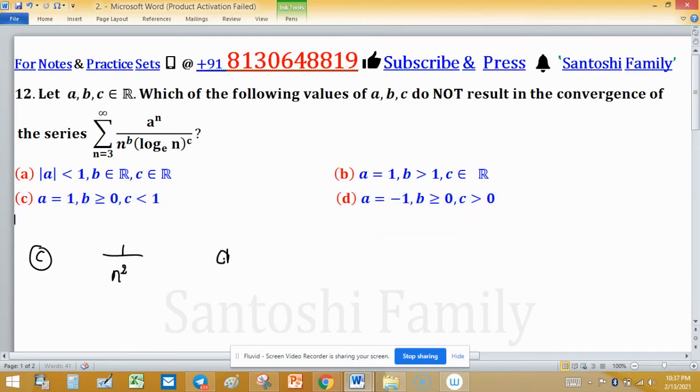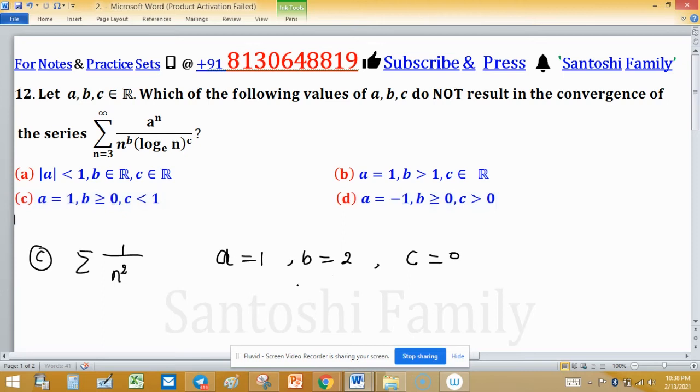Take A is 1, B equal to 2, and C is less than 1, so you can take C equal to 0. So the series we obtain is like this, and this is convergent, but we want not convergent.